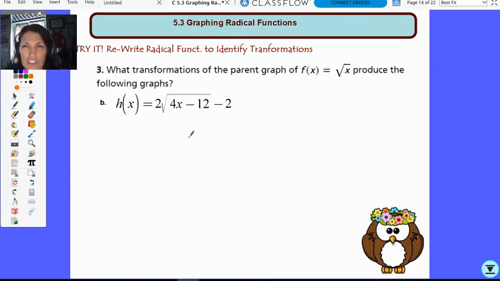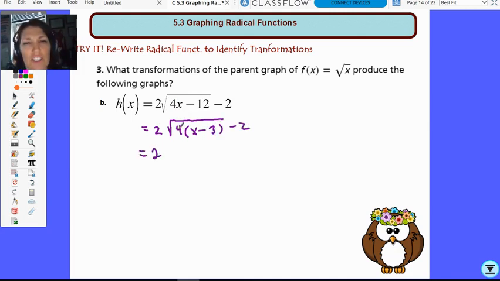Okay, so what transformations of the parent graph of f of x equals square root of x produce the following graphs here? So we want to get this in a form where this is the coefficient here. We're going to factor out a 4 inside here to leave us with x minus 3, minus 2.